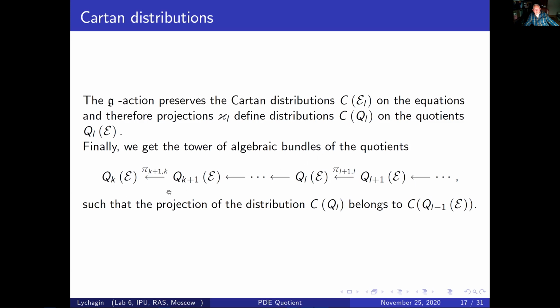So practically what we get is this sequence of algebraic manifolds together with projections, a finite net, plus some image of the Cartan distribution on these ones.